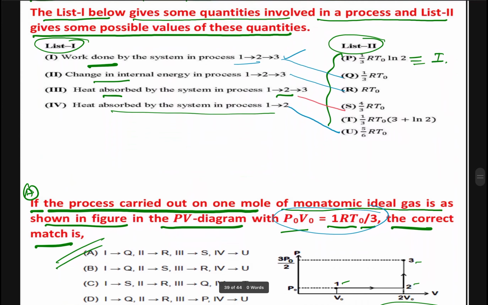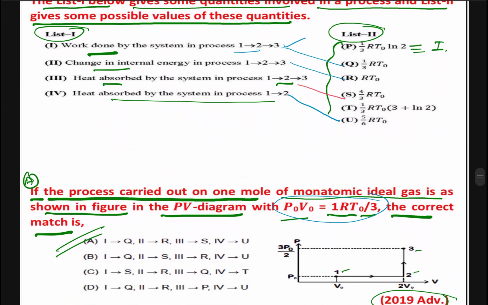Okay, so change in internal energy, that was our Q1 to 3, we get this as our RT0. So this second R matches with our second, and heat absorbed in 1 to 3 was our natural log, and so it comes as our, this T matches with our third.